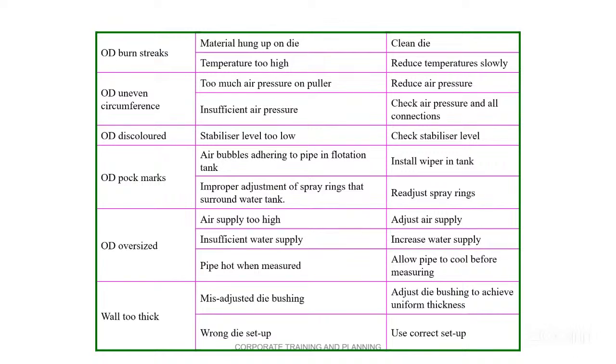Hence, we have to adjust that bushing properly by using the centering screw. That is also called the wrong die setup. You have to use the correct die setup, right? Therefore, there should be a completely equal annular gap between the die bush and the bed.